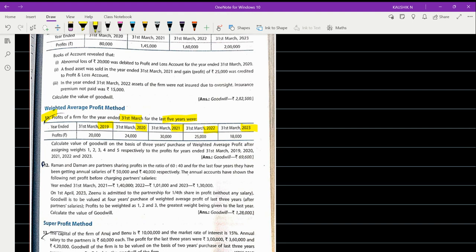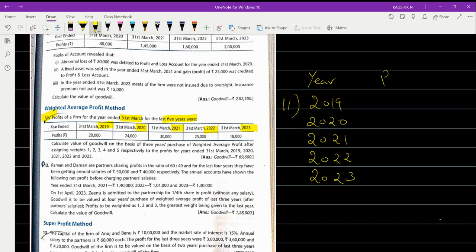Look at the order of arrangement: it goes from 2019, then 20, 21, 22, 23. So the sequence is given in ascending order. These are the years given for us.